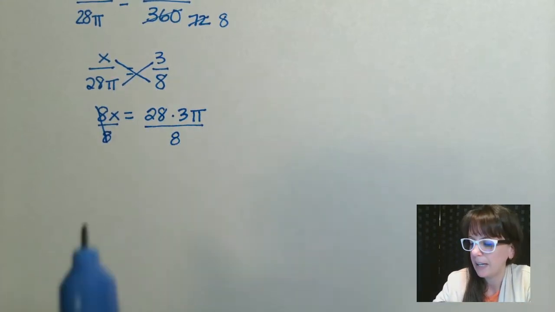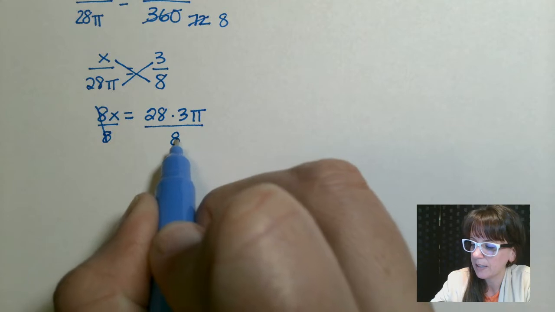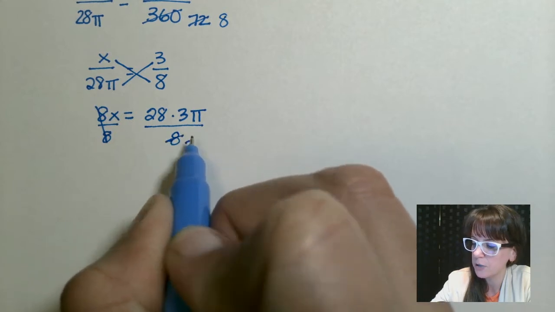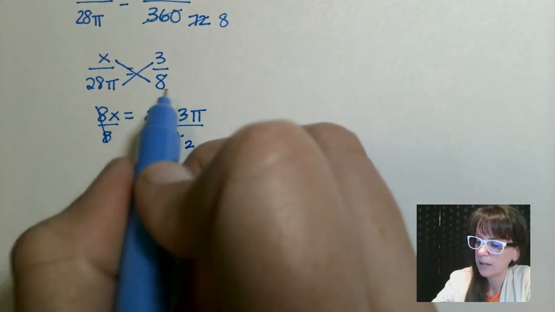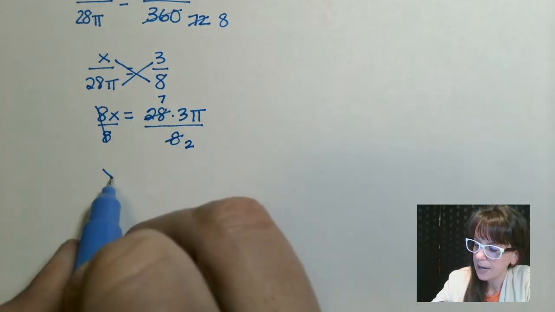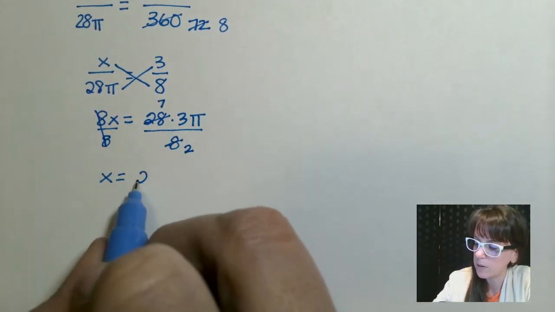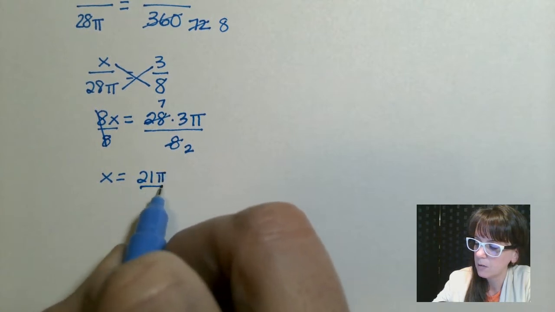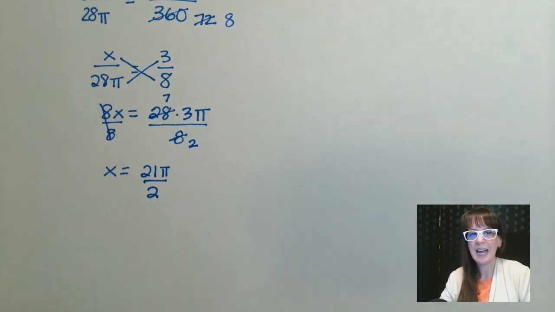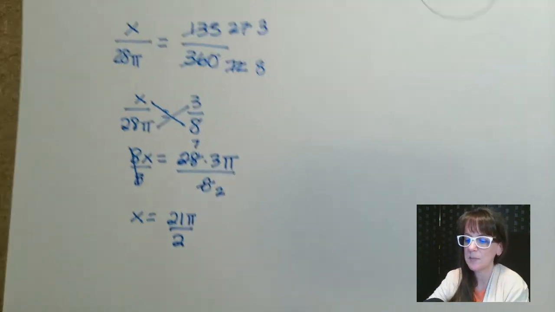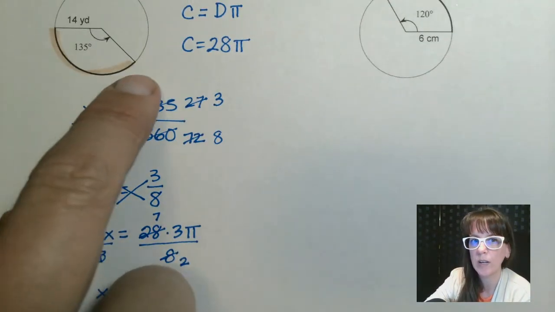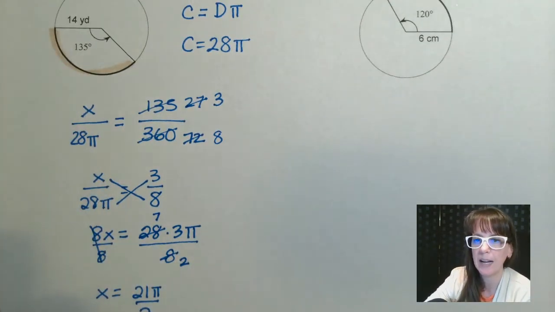Okay, so if I divide this by 4, I get 2. Divide this by 4, I get 7. So x equals 7 times 3 gives me 21 pi over 2. So my exact answer is this portion right here is 21 pi over 2.